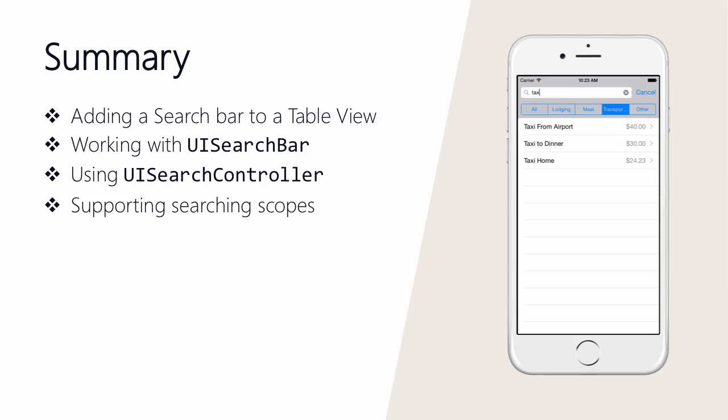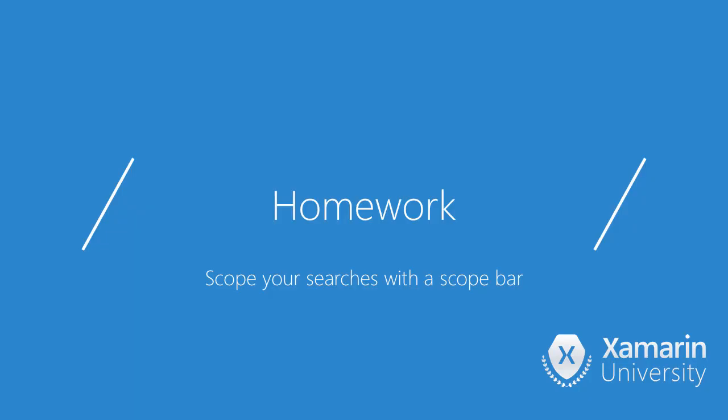Now, we didn't actually do an exercise for that, and so there's a homework exercise that you can work on after the class is over, which will implement the scope bar into your search experience. There are step-by-step instructions presented in the materials that you can follow along to actually add this in, and of course there's a completed solution if you'd just like to look at the final product.